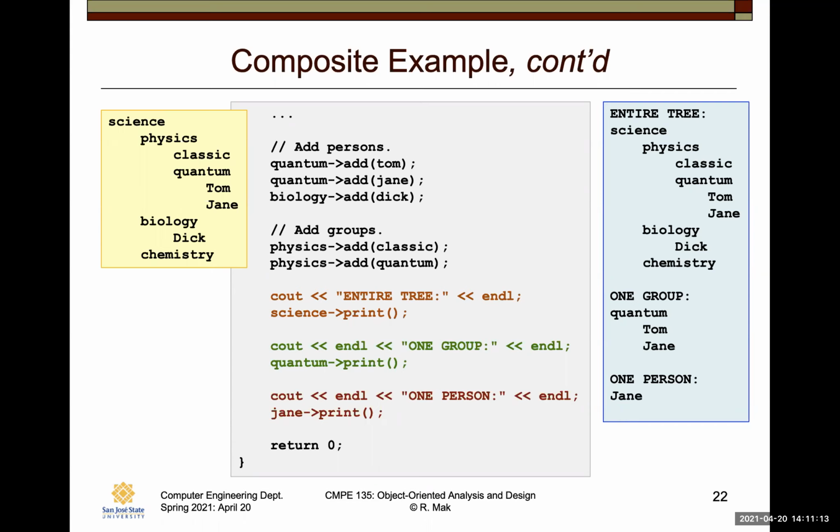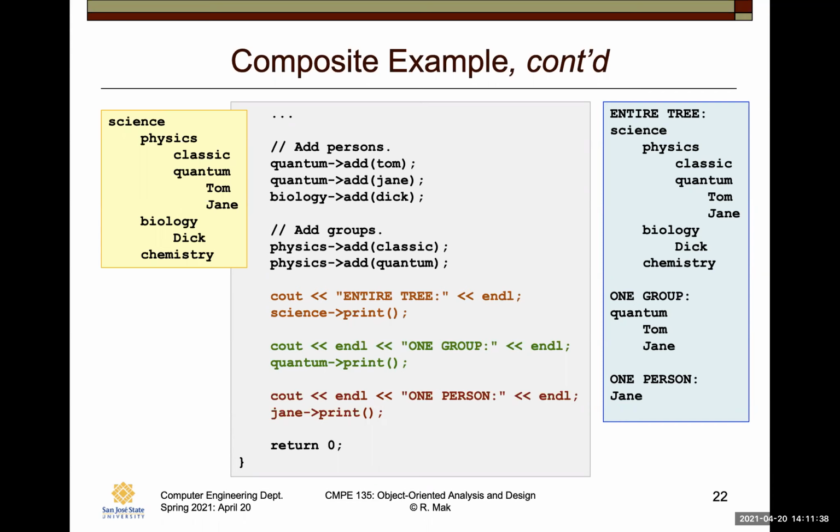So what have we done? We have this composition, and we're able to treat any level of the composition the same way. We can print each person, we can print each group, or we can print the entire tree. And so that basically is the composition design pattern.